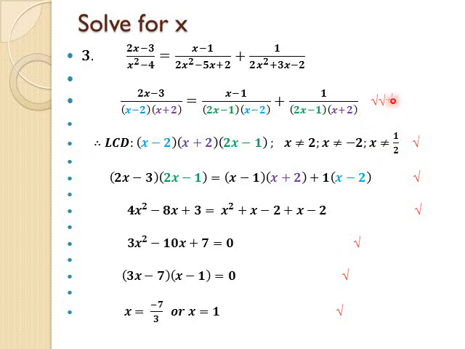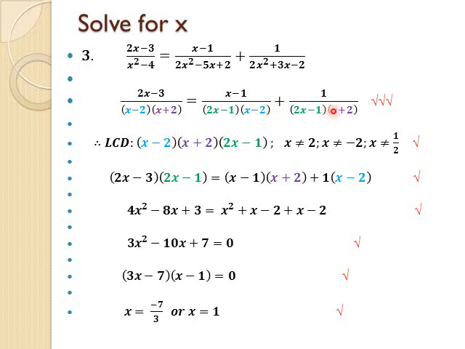So 1 mark for each one correctly factorized, 1 mark for my LCD. So there I have x minus 2 cancel, x plus 2, I'm short 2x minus 1, so that becomes 2x minus 3 times 2x minus 1.